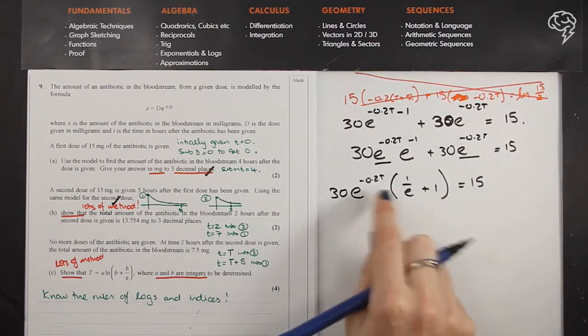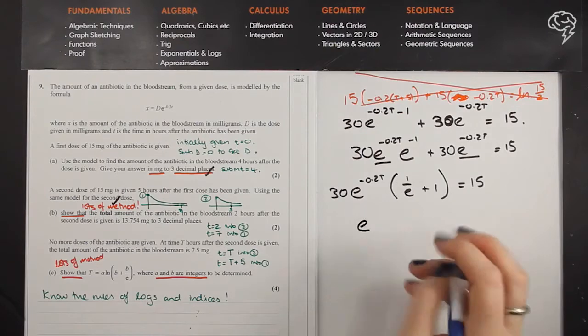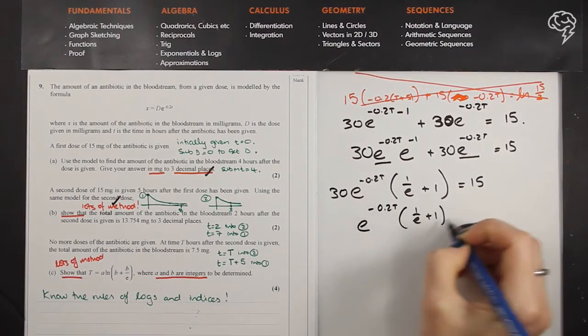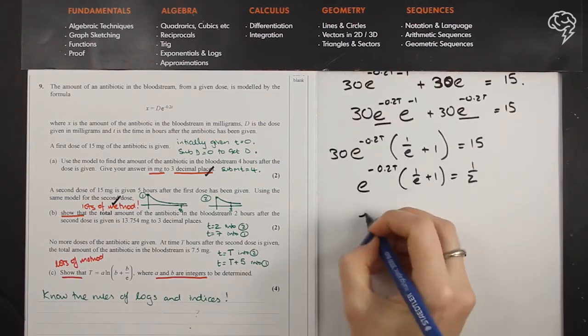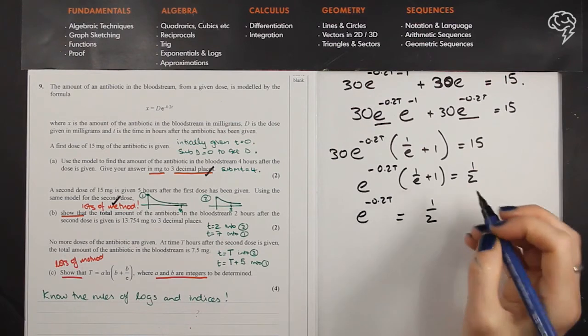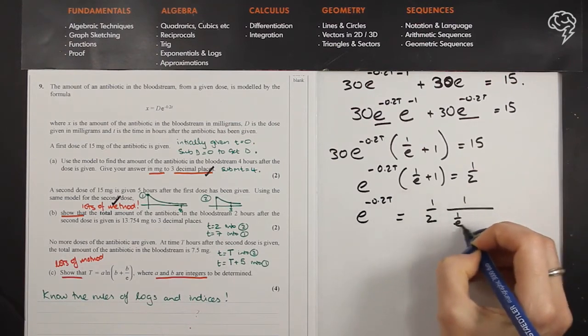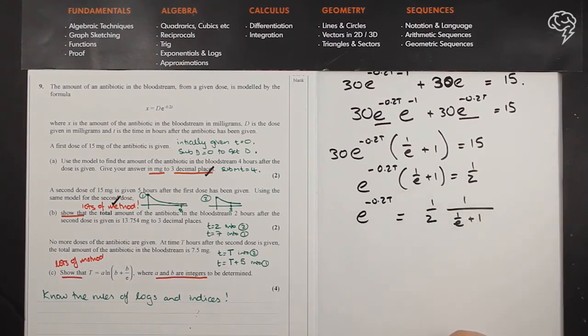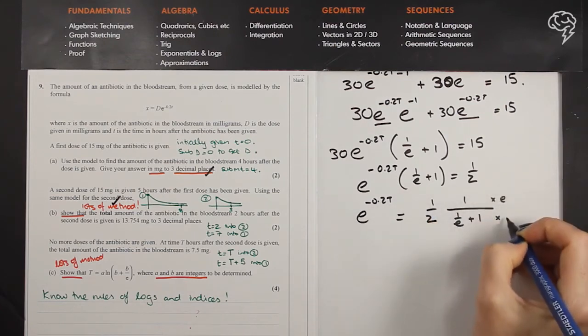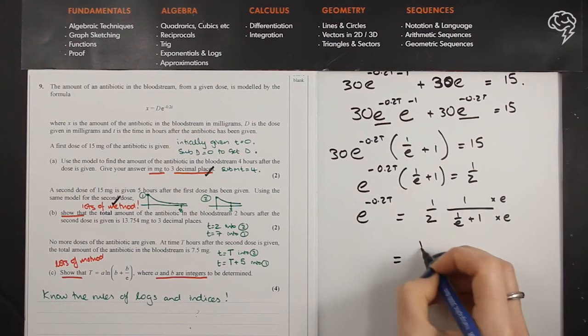Right, let's divide both sides by 30 and then divide both sides by this as well. Let's write it like this for a start. So I've divided both sides by that, and I'm going to multiply the top and the bottom of this by e, just to make it look a bit nicer.